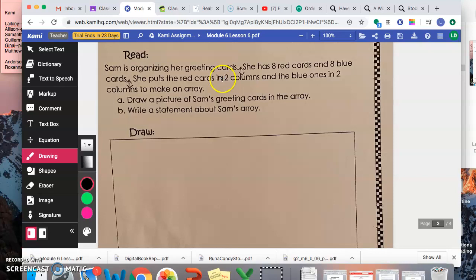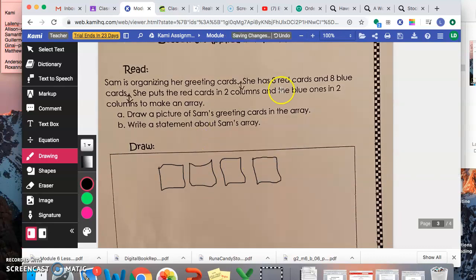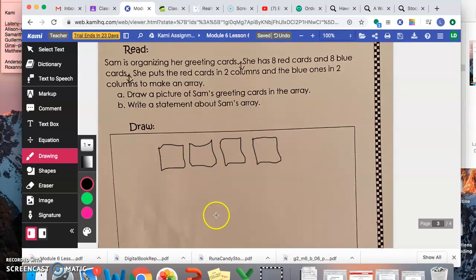It's telling you right now that she has 2 columns for red and 2 columns for blue. So when you think about that right away, that means that she's going to have a total of 4 columns, okay? That's just the start. So you have to figure out how many are going to be in each column based on these numbers above, okay? 8 and 8.